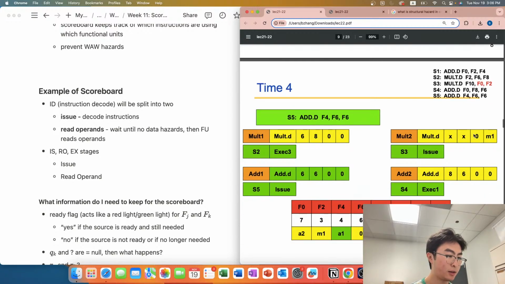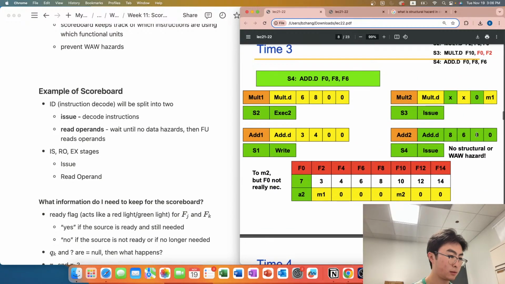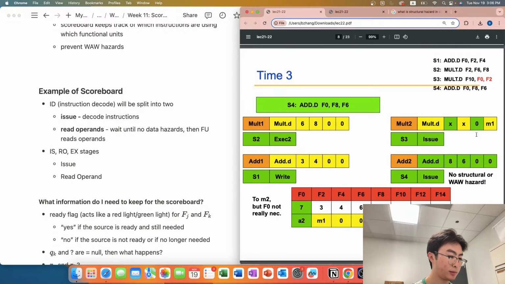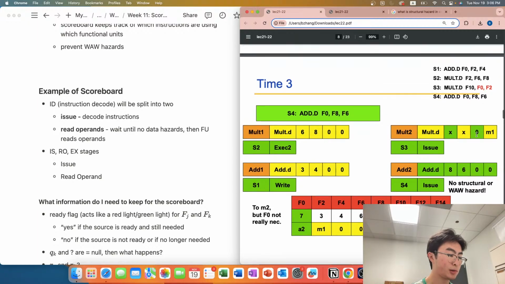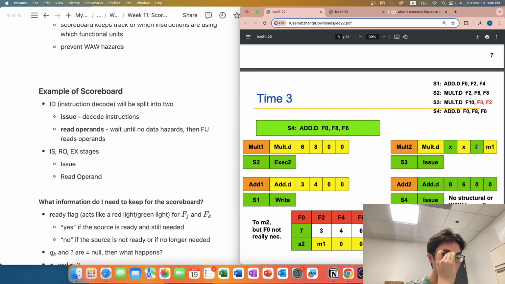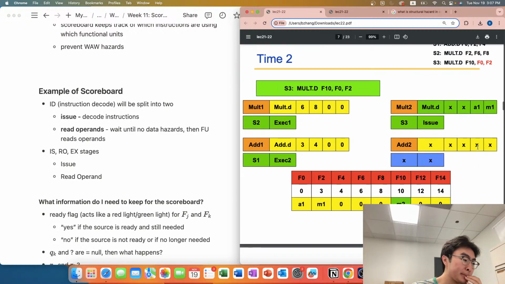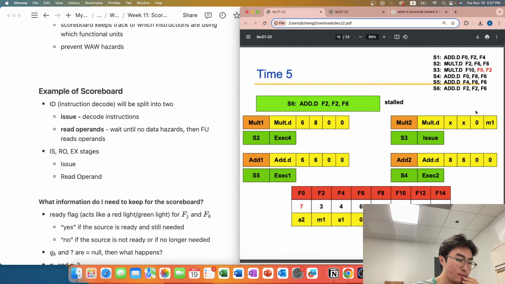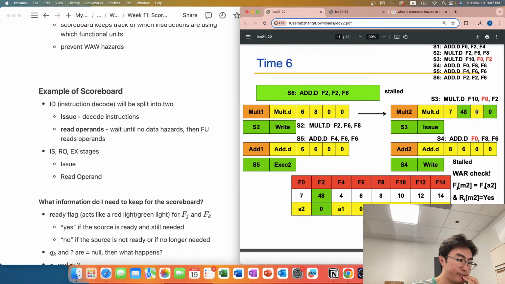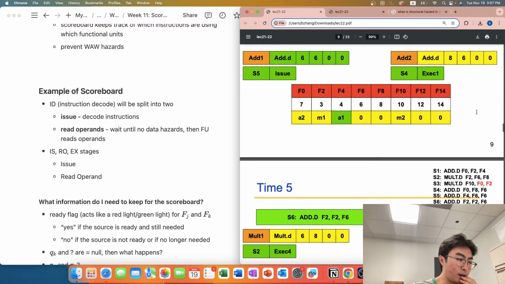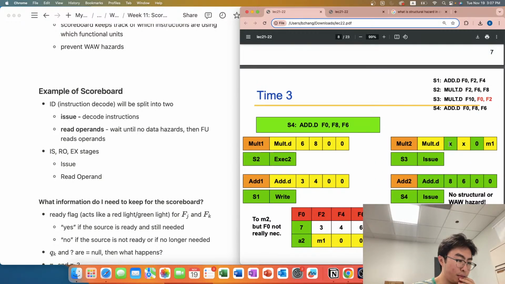This doesn't become 7. Just to indicate it's ready. But this should be 7.